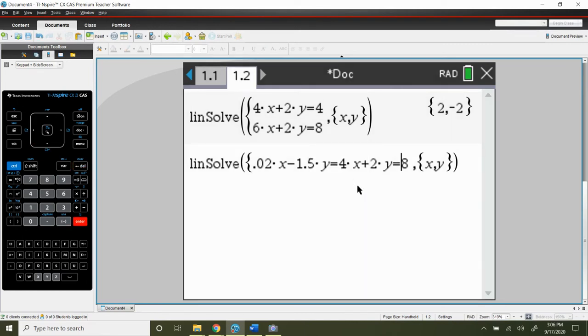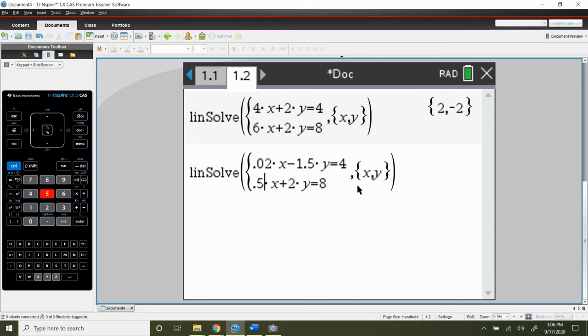If you do something wrong, you can do a Control Z and it will undo it for you, which is nice because sometimes you hit a wrong button and you don't want to redo everything. So 0.5x minus 0.02y equals 1.8. Let me double check that I got that right. 0.02x minus 1.5y equals 4, and 0.5x minus 0.02y. Oh, look at what we did. I know what we did.